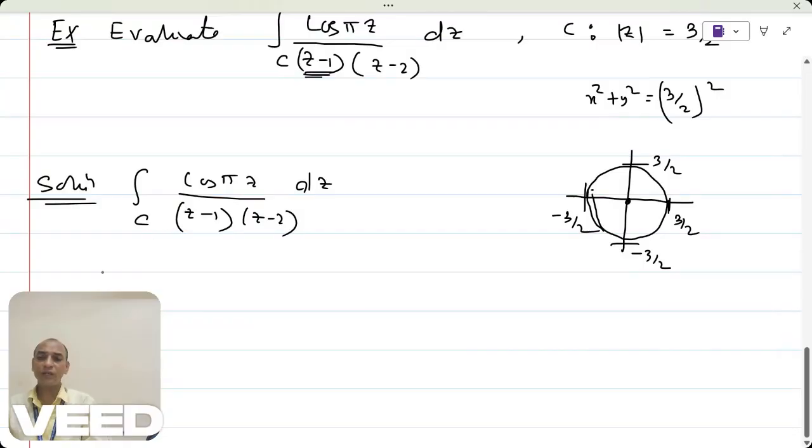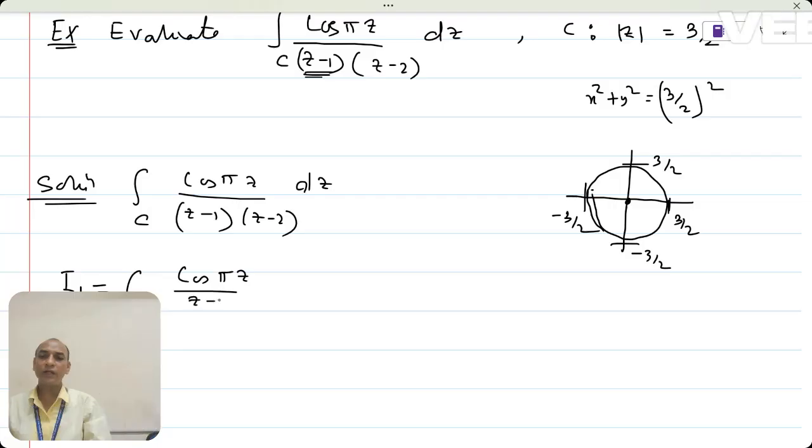So the remaining thing, I will write this in this way. I1 will be integration over C of cos pi z divided by (z minus 2) whole divided by (z minus 1) dz. In that case, my f of z will be this one.